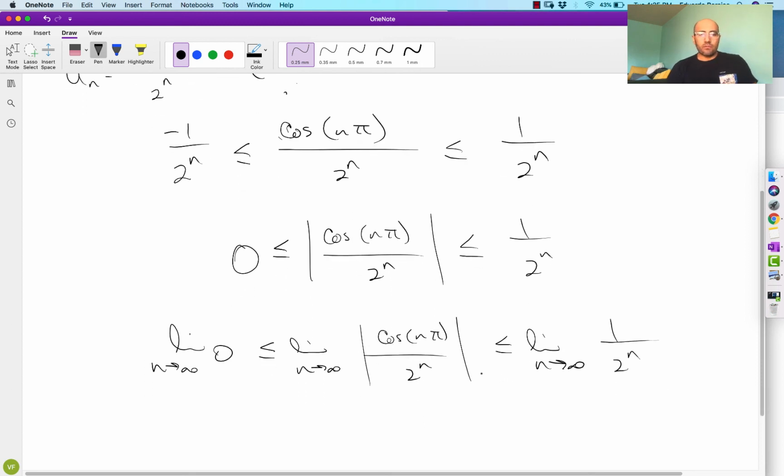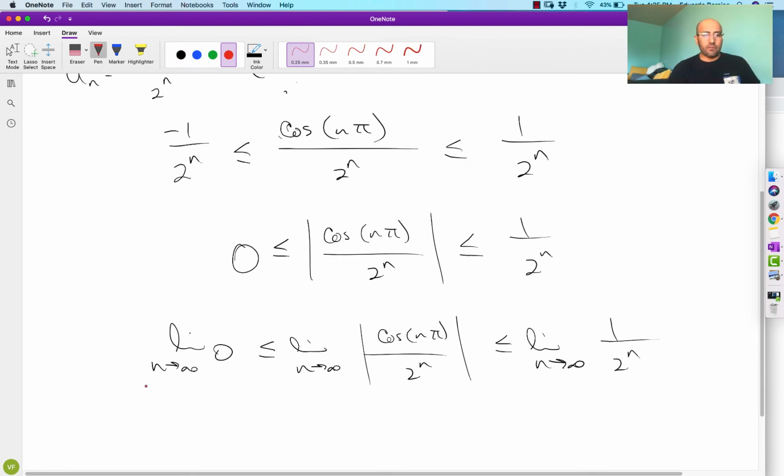Obviously the limit of 0 is just going to be 0. The limit as n goes to infinity of 1 over 2 to the nth power is also going to be 0. So on a term-by-term basis, this guy's always in the middle, and the limits on both sides exist and go to 0. Therefore, I've concluded that this middle one must also be equal to 0.